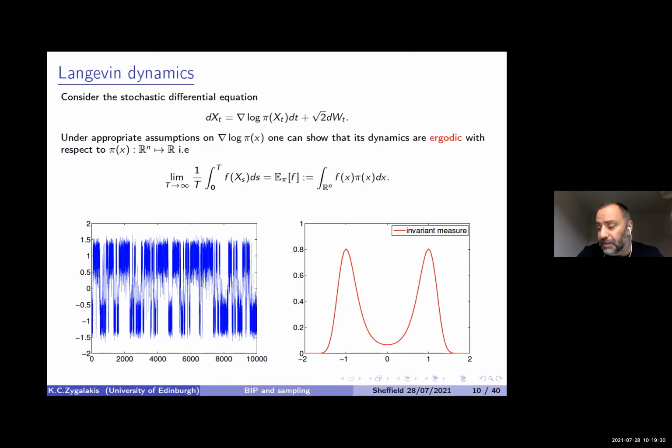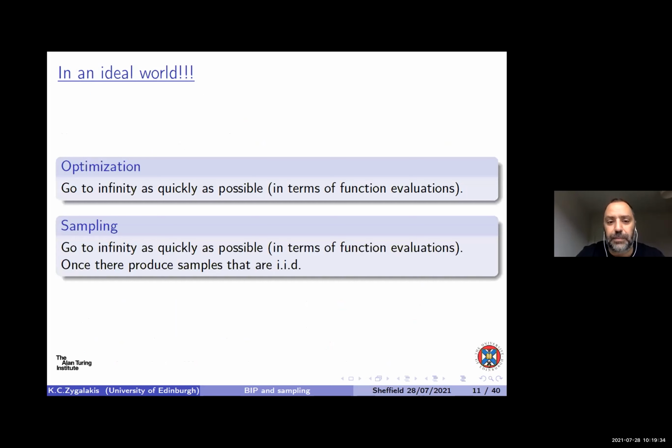Okay, so in some sense, I'm done. We can stop here and enjoy our break, because we have the computational devices. If we were to assume that we could solve them exactly and run them to infinity, then we would get our answers. And that's what I have here as a slide, in an ideal world.